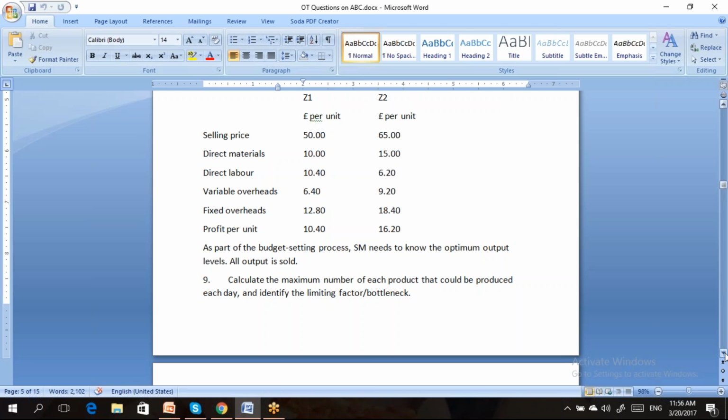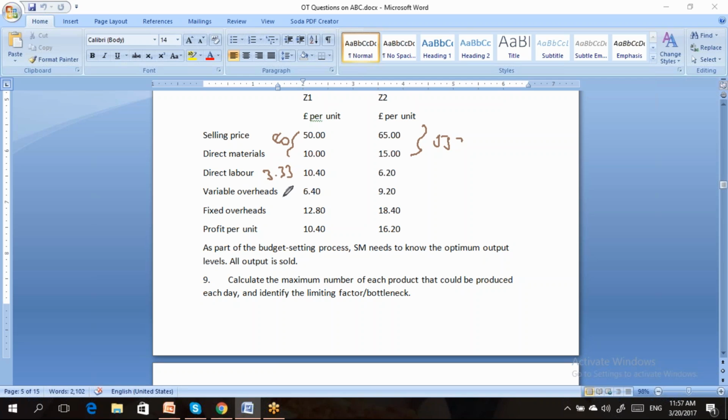We know our division 1 labor is the problem. So 40 divided by the labor. The first one is going to take 12 minutes, so throughput contribution is 40. 40 divided by 12 will give my throughput contribution per minute, which is 3.33.